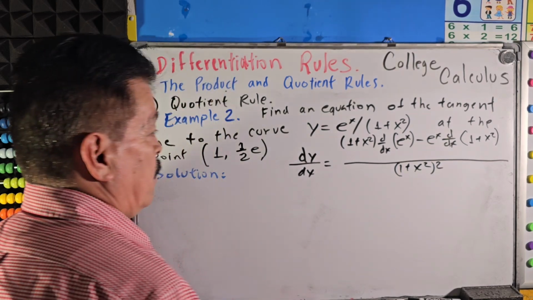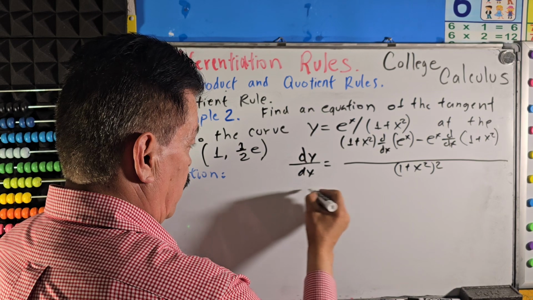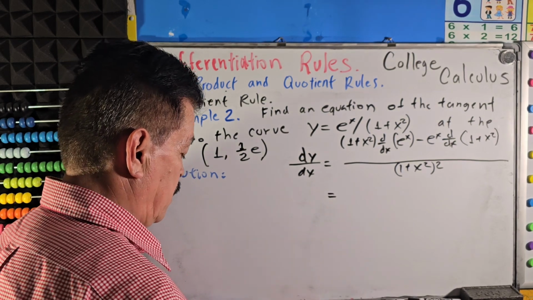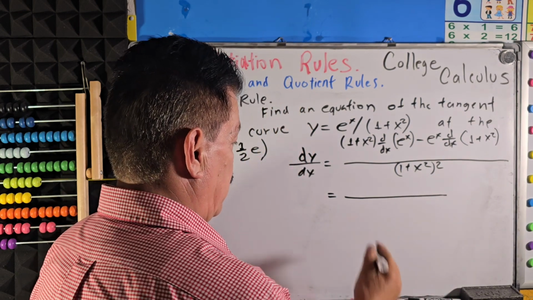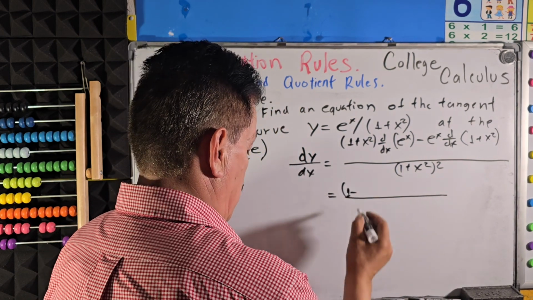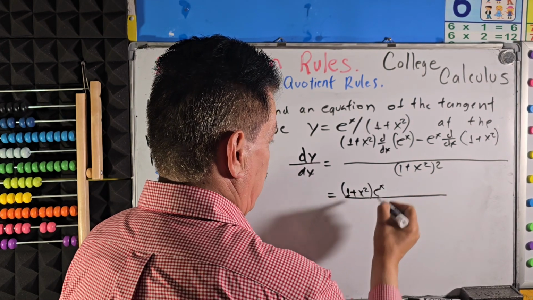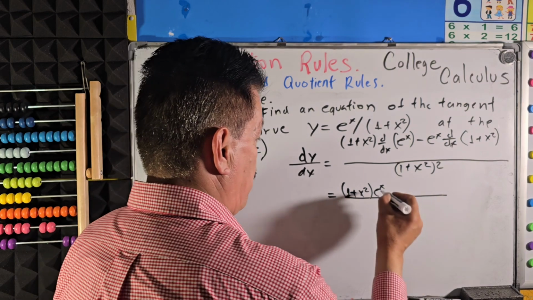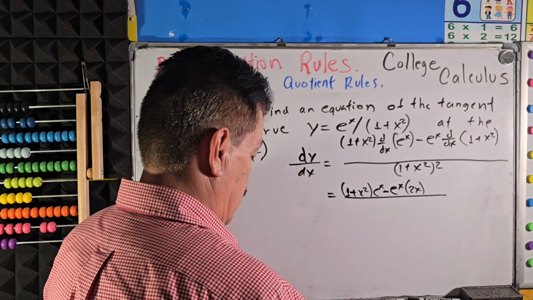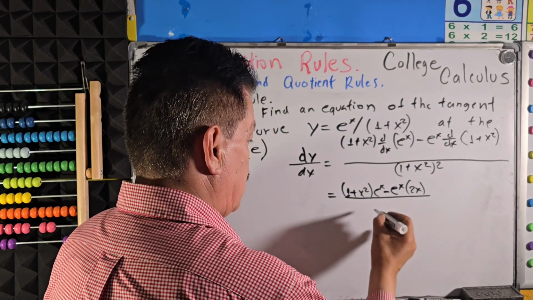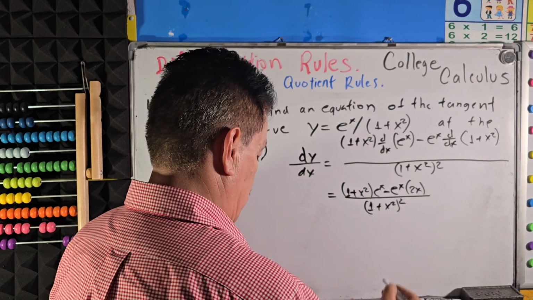All right, if we simplify this, we will have 1 plus x to the second power times e to the x power, minus e to the x power times 2x, divided by 1 plus x to the second power, to the second power.